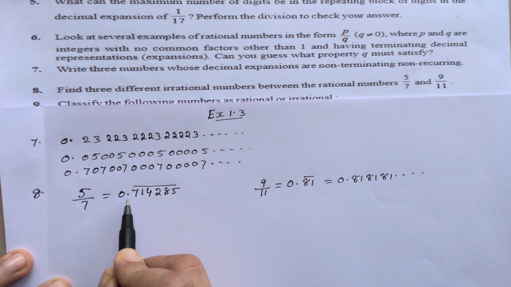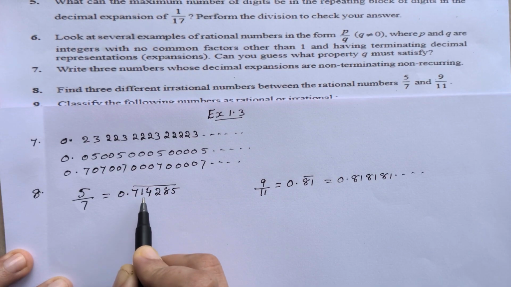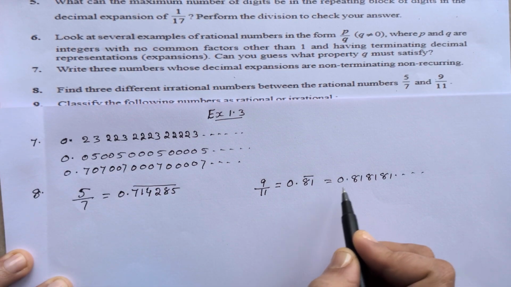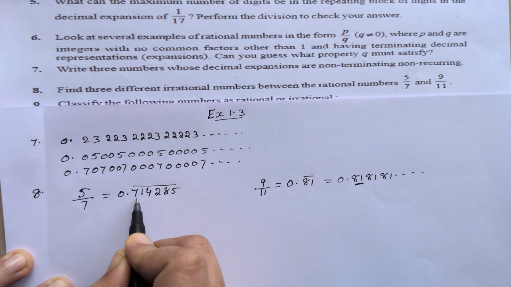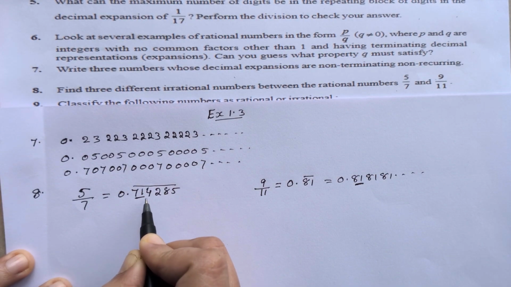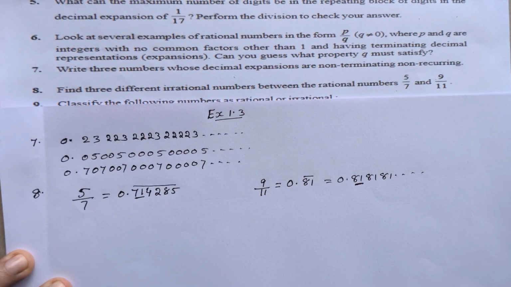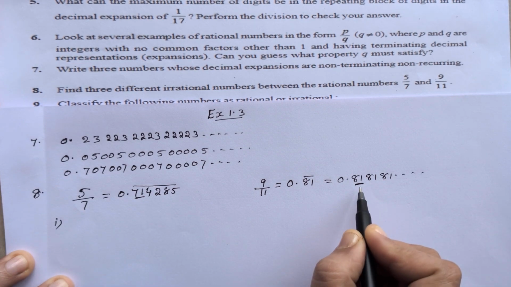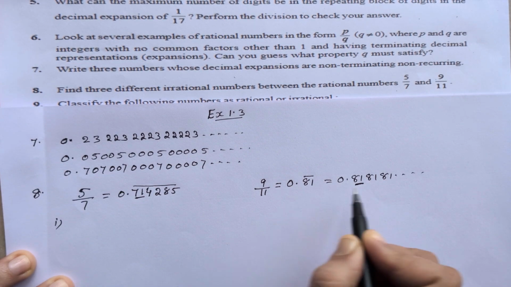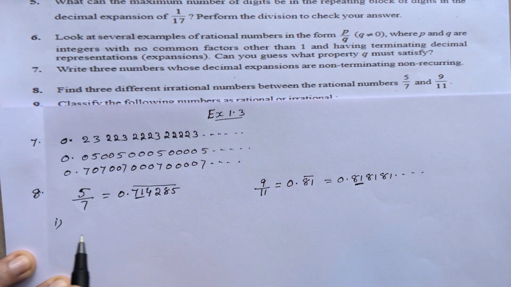Now consider without the decimal point, the right side. Here 2 digits we can take, 71, and here 81. We know that we can take any number above 71 and below 81. That's the way you have to take numbers between these two.